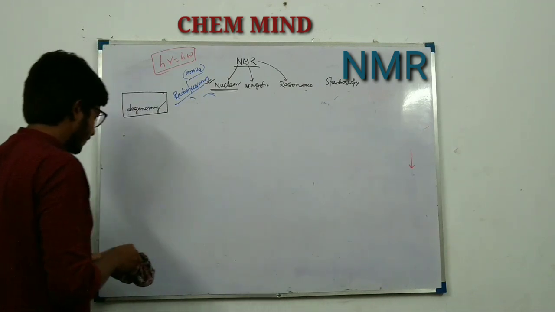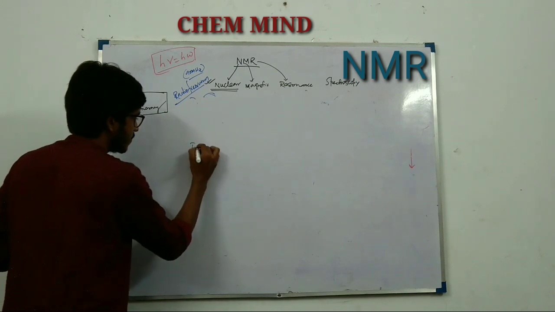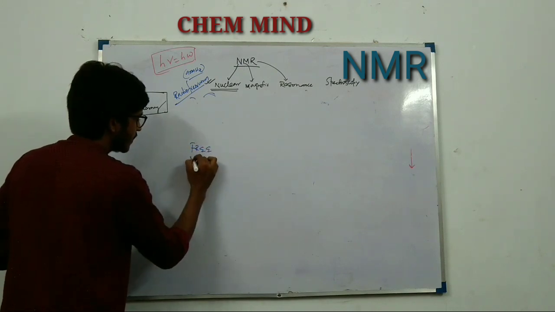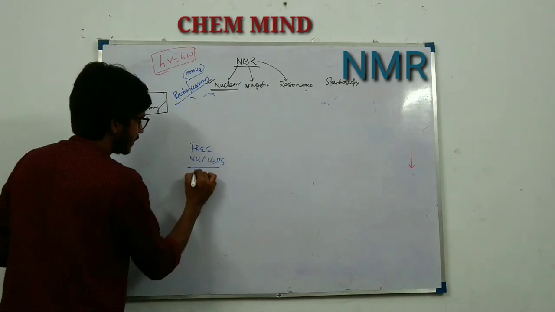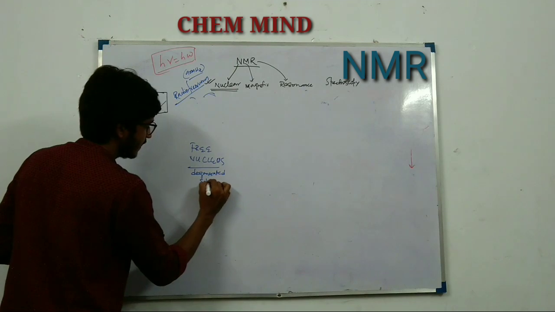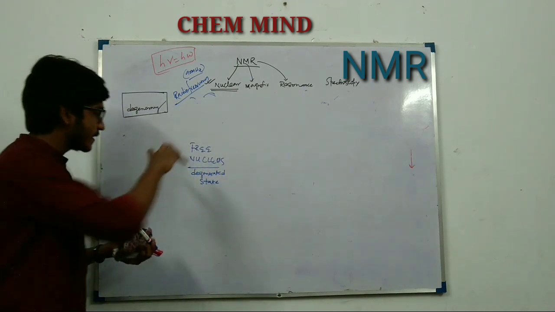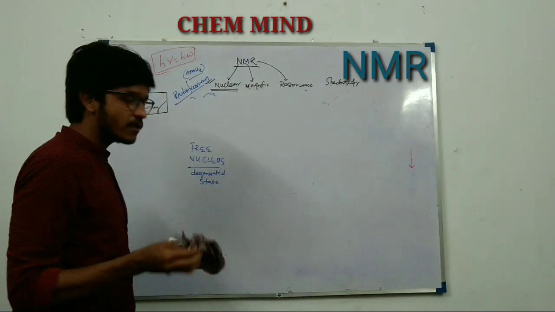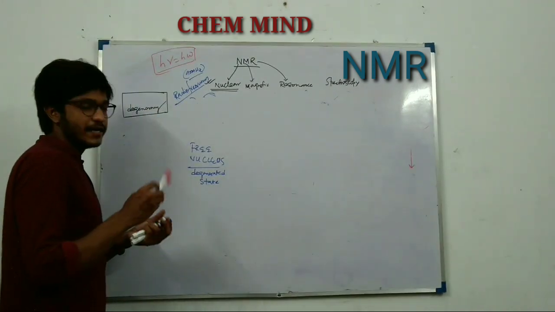Now what is actually happening is that the free nucleus is there, and with that particular free nucleus, that is the degenerated state. So when the nucleus is in the degenerated state, I will put one external magnetic field.